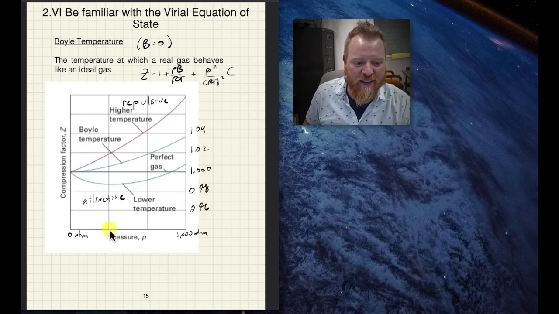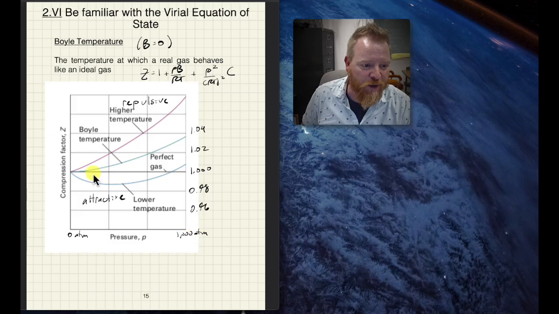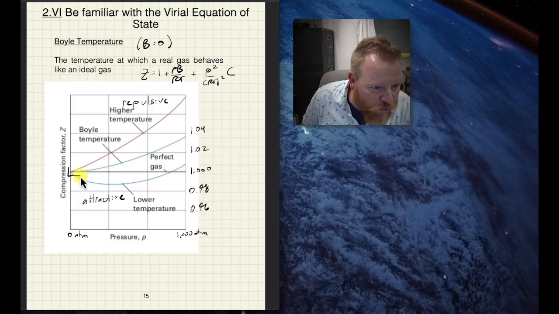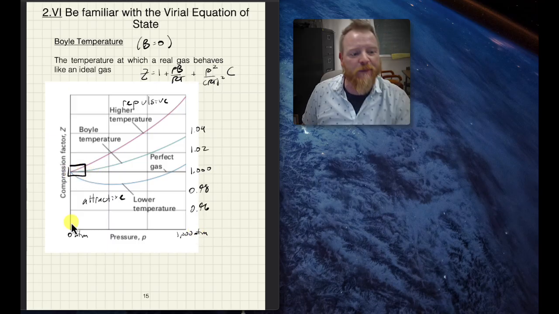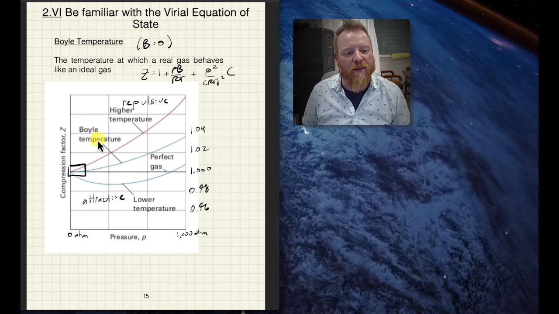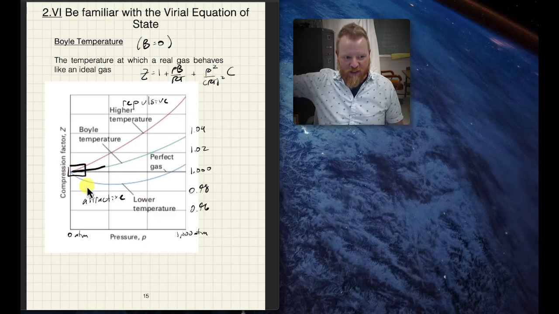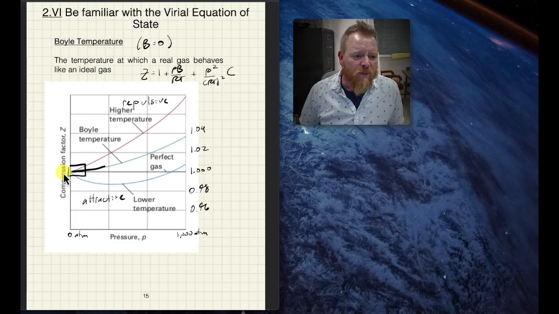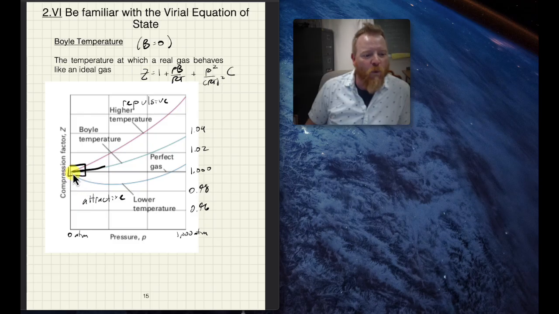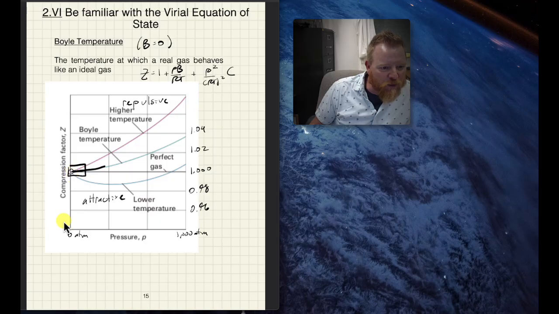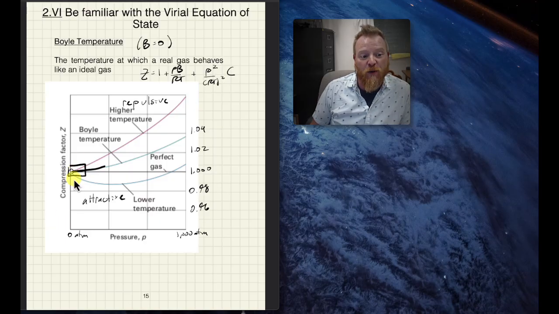However, we have to consider this wide scale here. So I'm going to draw a box around this area. And if we zoom in on that Boyle temperature, you can see the curve is staying very close to the ideal gas line before it takes off into the repulsive regime. You can also see if I zoomed way in even further, to this little point right there, that none of those temperatures matter, and they're all right at the perfect gas regime.